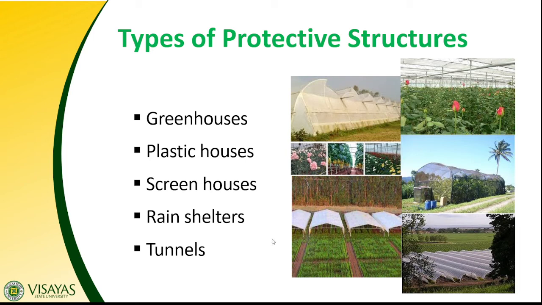We made the structure farmer friendly, and so that's why we are using low cost materials, just like the bamboo, which are common in the farmer sites for them to easily construct these protective structures.